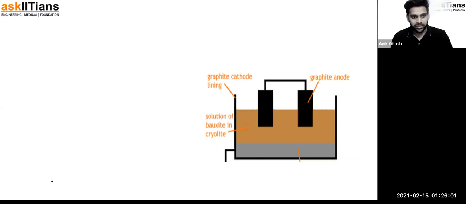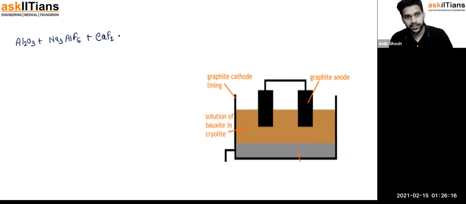Yeah, so what was I writing over here? If I want to extract alumina, I need to use Na3AlF6. Along with that, I use the cryolite and the fluorspar. This is the fluorspar. And from there, if I do the electrolytic reduction like this, I'm going to get aluminium at the cathode and oxygen at the end.